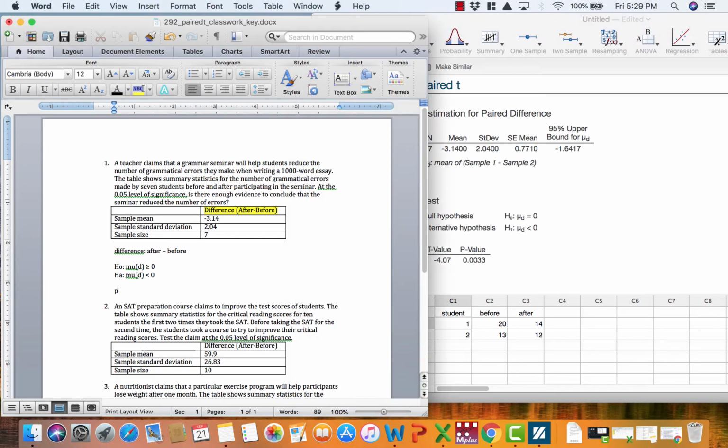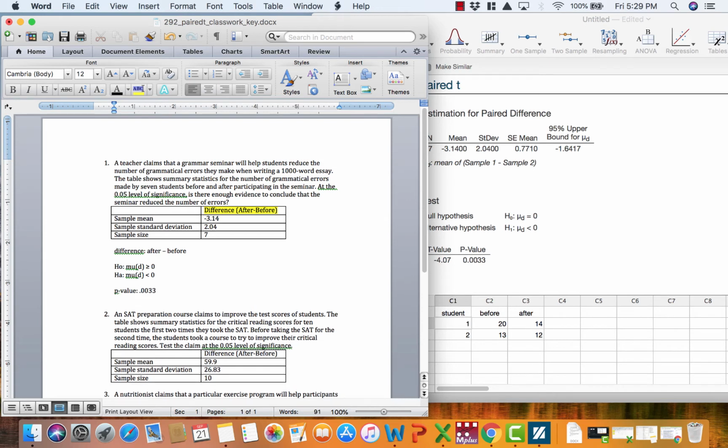Our p-value is 0.0033. So what's our decision based on that p-value? Since 0.0033 is less than 0.05, we reject the null hypothesis.